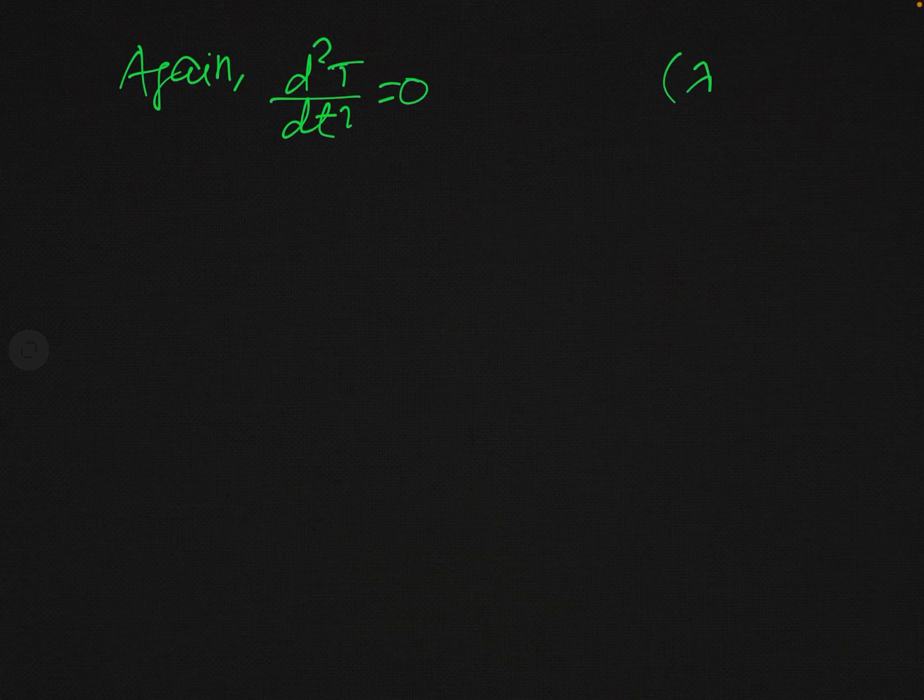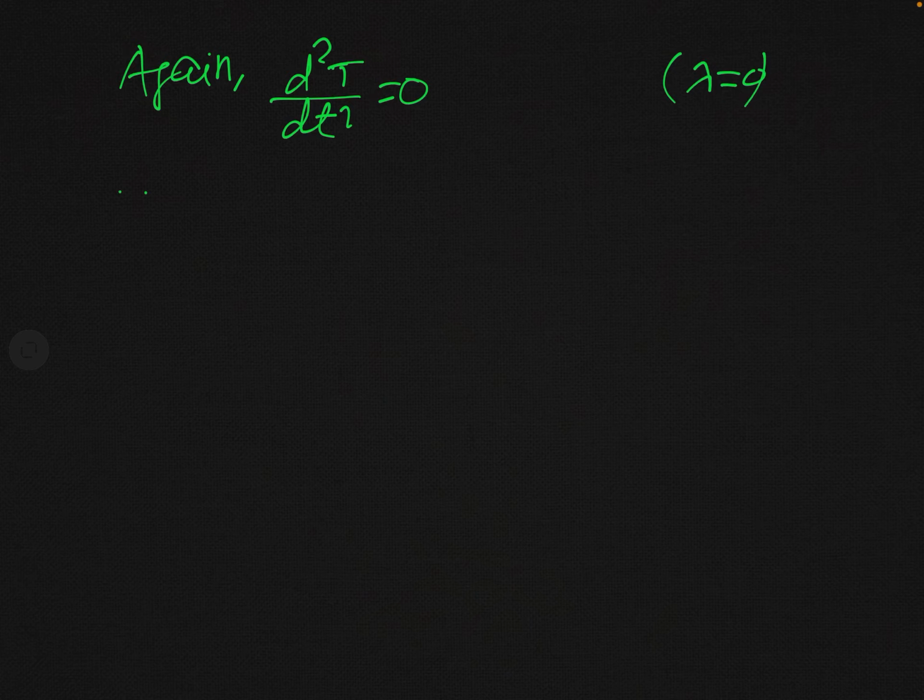So again, you can see that our equation will be d2t by dt square equal to 0, because lambda we have taken equal to 0.